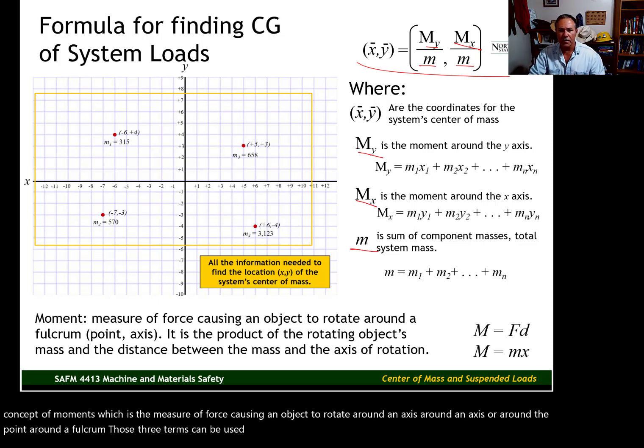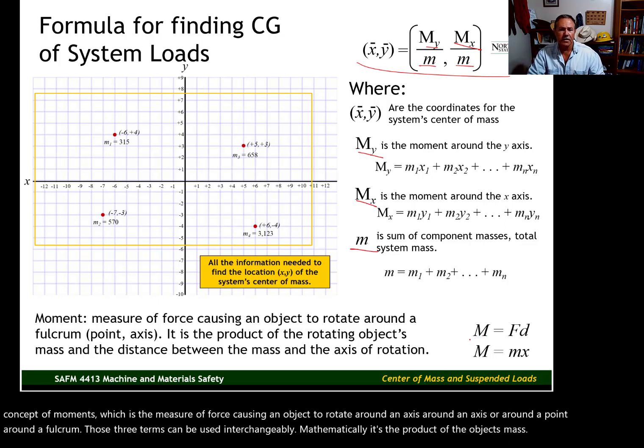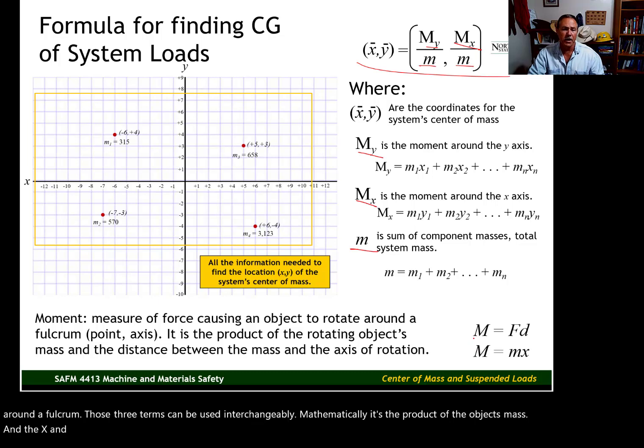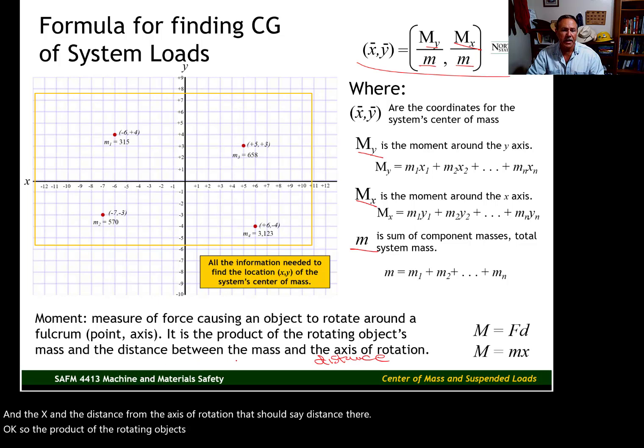Mathematically, it's the product of the rotating object's mass and the distance between the mass and the axis of rotation.